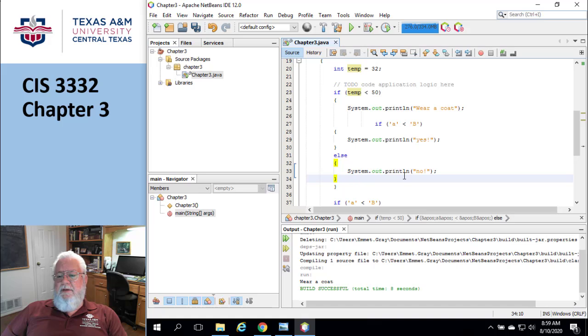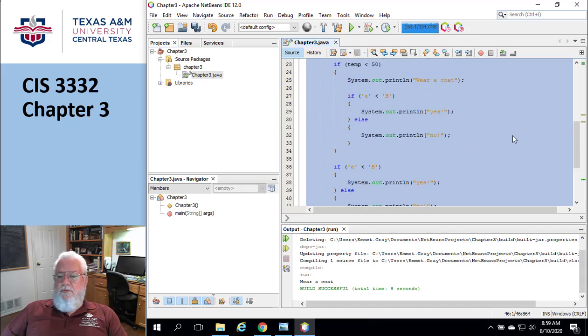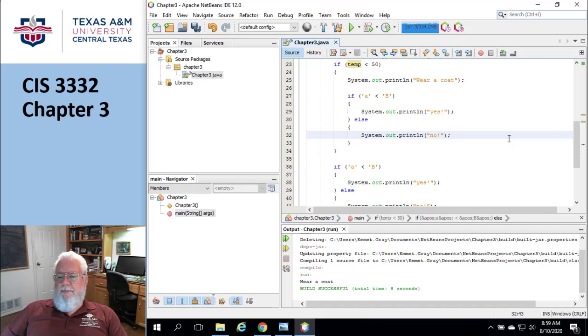Hey, this would be a perfect opportunity to clean things up. What was the keyboard thing? So doing it all from the keyboard, Control A, and then what was it? Alt Shift F. And ooh, isn't that pretty now? It lined everything up for me. Ooh, cool. Okay. So yes, you can have nested if statements.